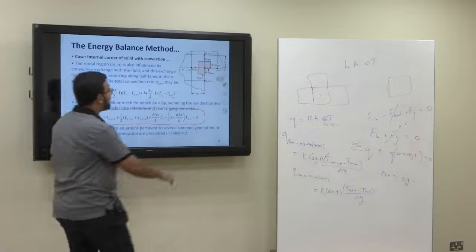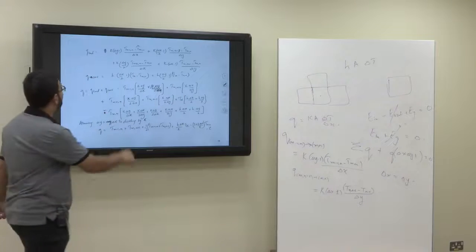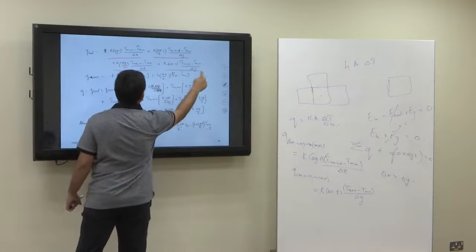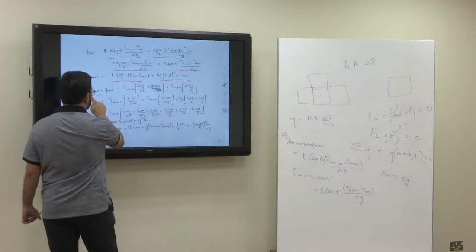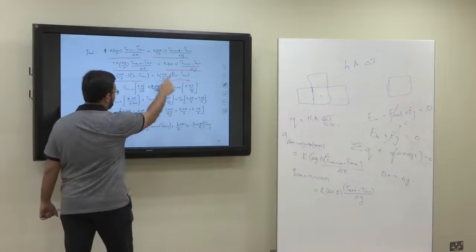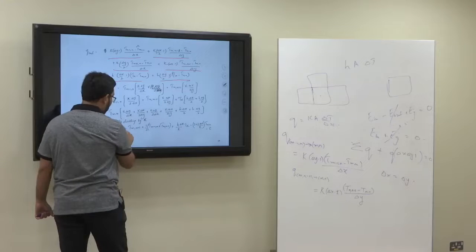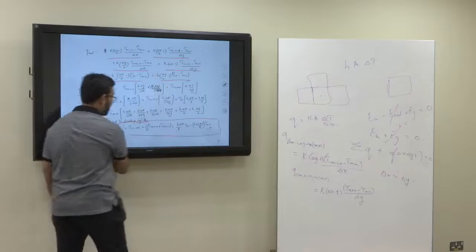I developed this equation myself here. So that was one Q conduction, other conduction, third conduction, fourth conduction, then convection, then convection. All of these conduction plus convection together give this, then assuming delta y equals delta x and dividing by k, we come up with this equation.